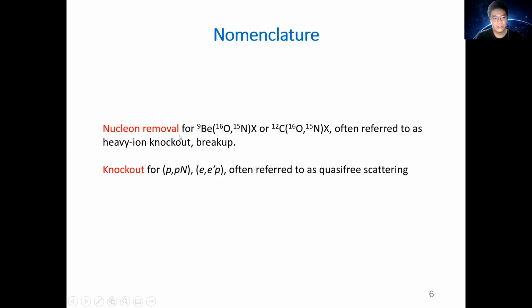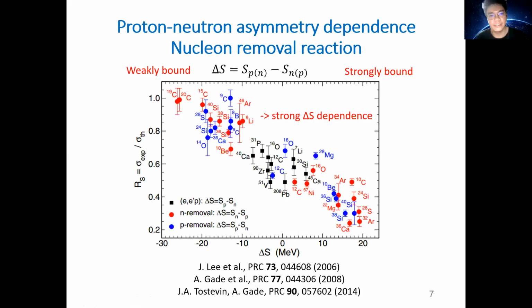But in my talk, I will refer to them as nucleon removal processes. And then I will reserve the word knockout for the (p,pN) and (e,e'p) reactions, which themselves are also sometimes referred to as quasi-free scattering. So using this nomenclature, I proceed to the main topic today.